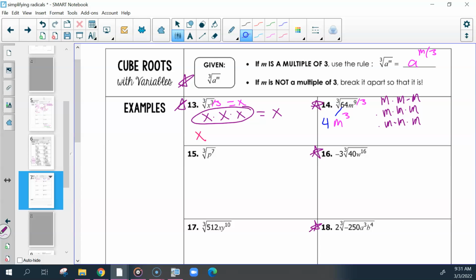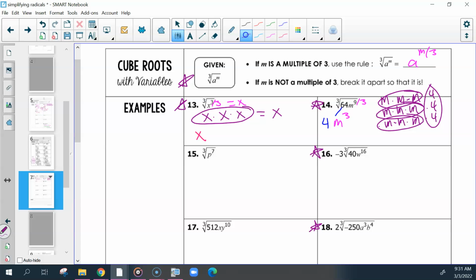We would need to find groups of 3s. That would be 1, 2, 3. And also 64 would be 3 groups of 4s.